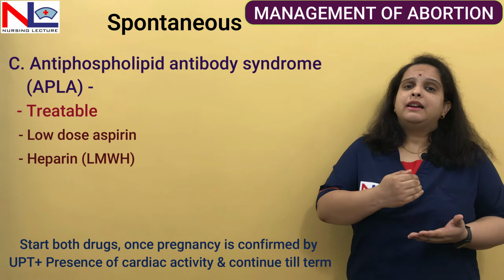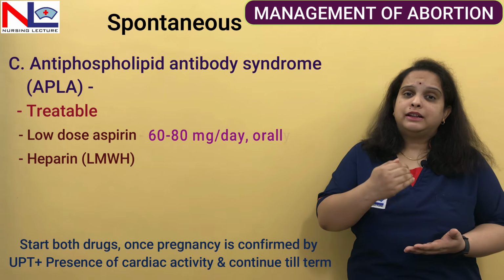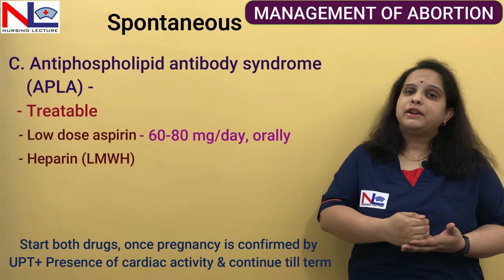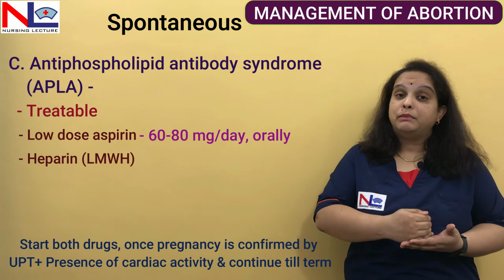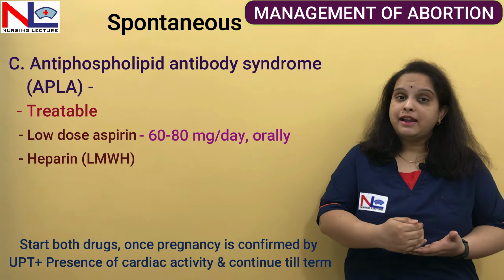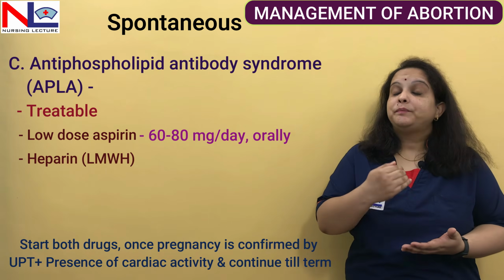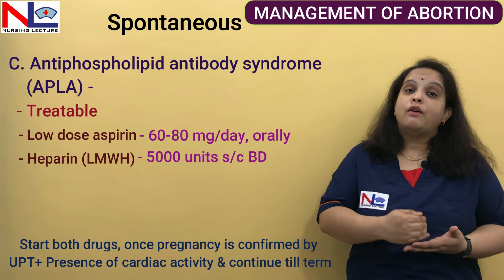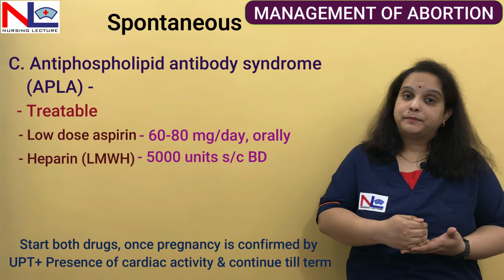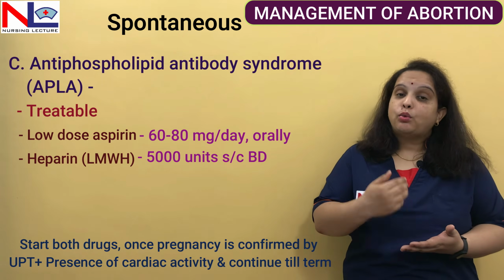Here, low dose aspirin can be administered, 60 to 80 milligrams daily orally, and in combination with that, 5000 units of low molecular weight heparin subcutaneously twice a day.